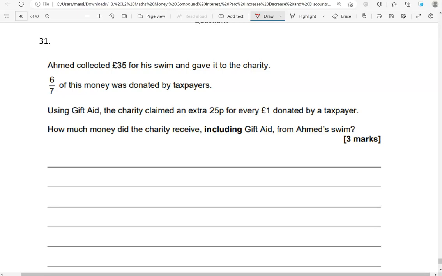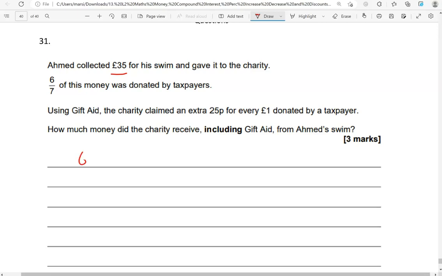Ahmed collects £35 for his swim and gave it to the charity. 6/7 of this money was donated by taxpayers. Using gift aid, the charity claimed an extra 25p for every £1 donated by a taxpayer. How much money did the charity receive, including gift aid, from Ahmed's swim?